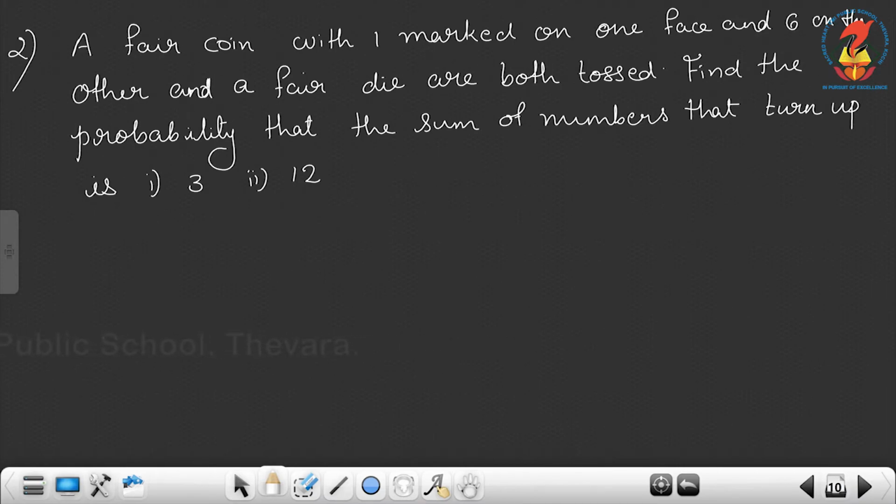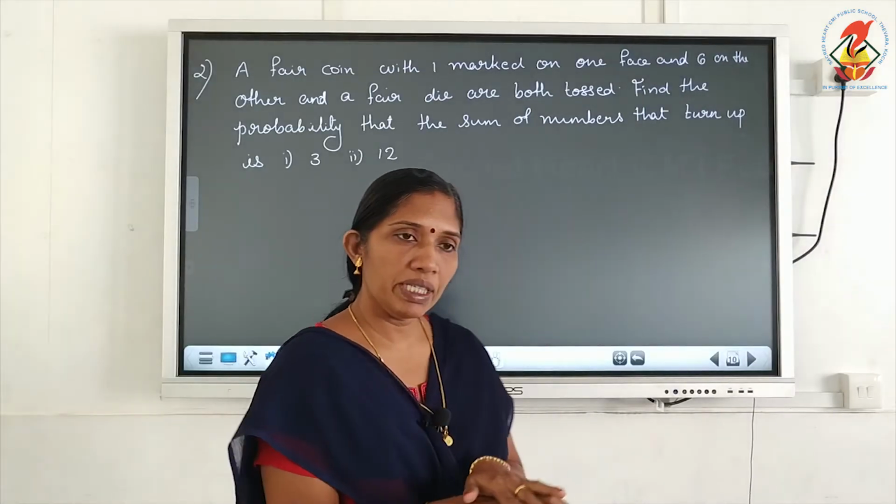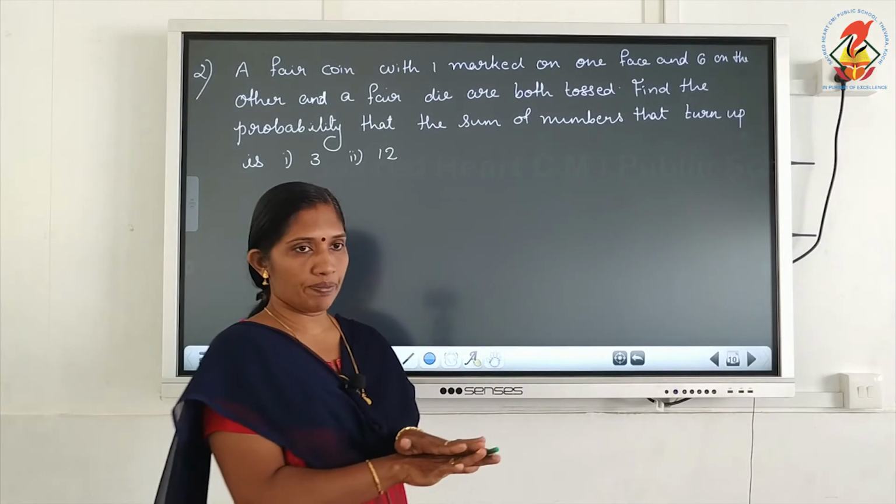Now the second one: a fair coin with 1 marked on one face and 6 on the other and a fair die are both tossed. Find the probability that the sum of the numbers that turn up is 3 or 12. So first you have to understand what the experiment is. Fair coin means equal chances to get each side.